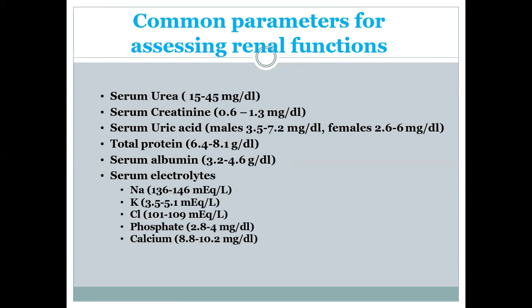Serum creatinine is between 0.6 to 1.3 milligrams per deciliter. Serum uric acid is 3.5 to 7.2 milligrams per deciliter in males and 2.6 to 6 milligrams per deciliter in females. Total plasma protein concentration is approximately 6.5 to 8 grams per deciliter.